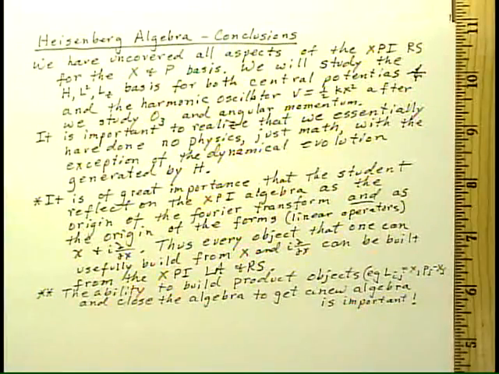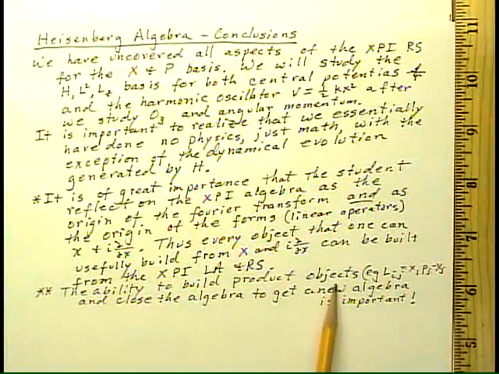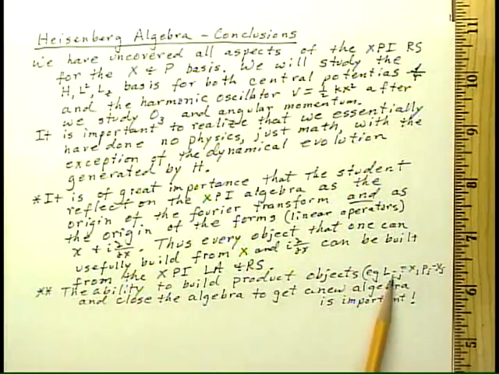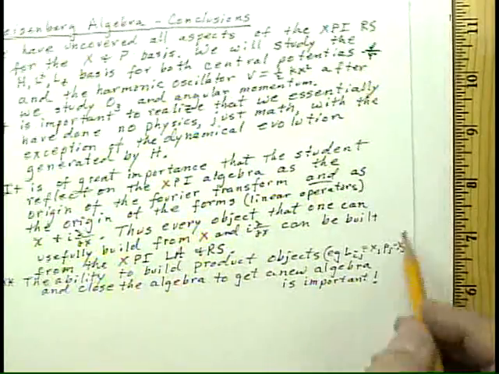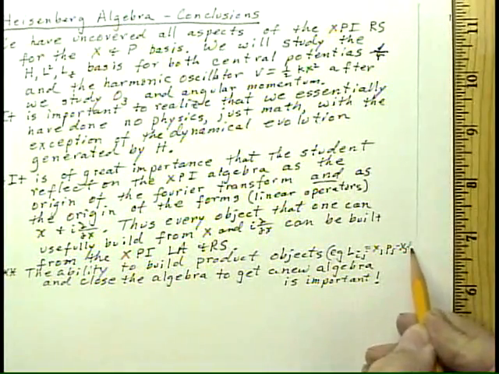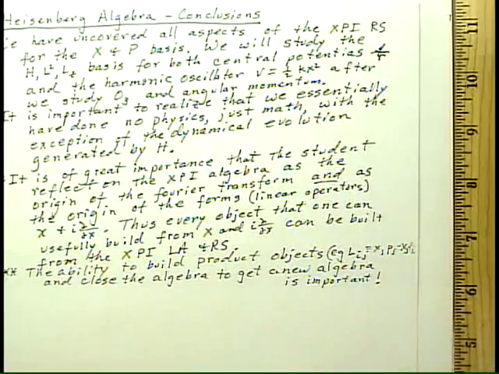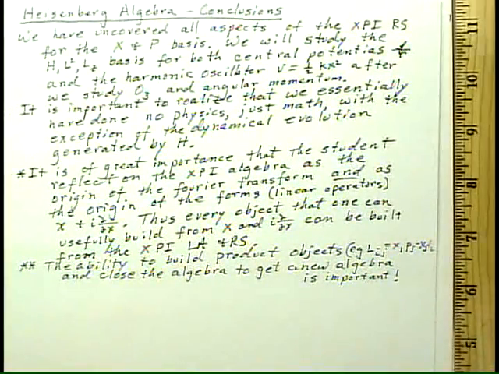The ability to build product representations, such as Lij, which is xipj minus xjpi, and to close that algebra, allows us to form an entirely new algebra.